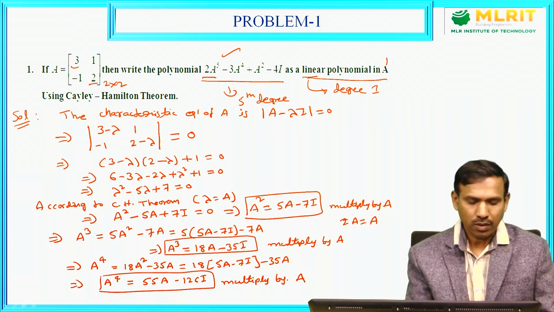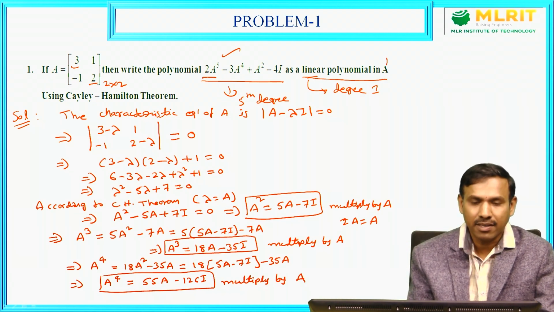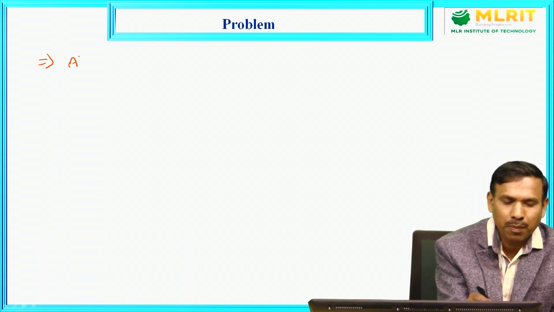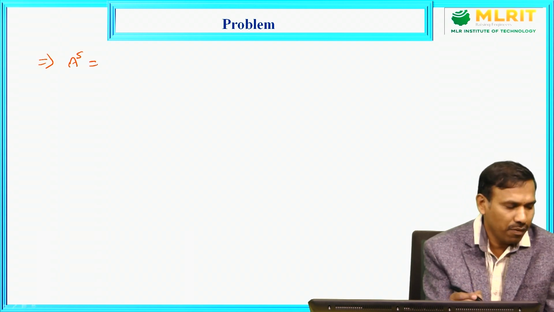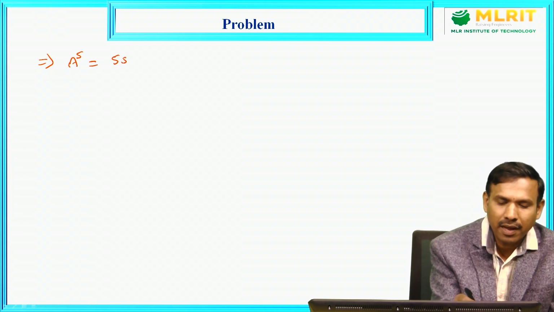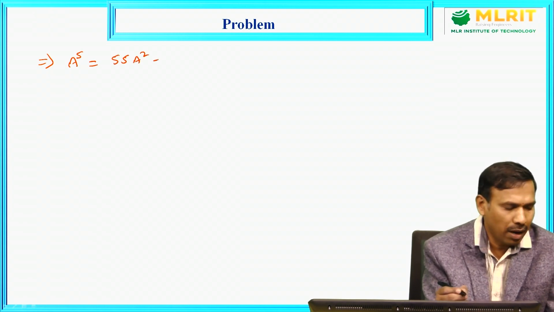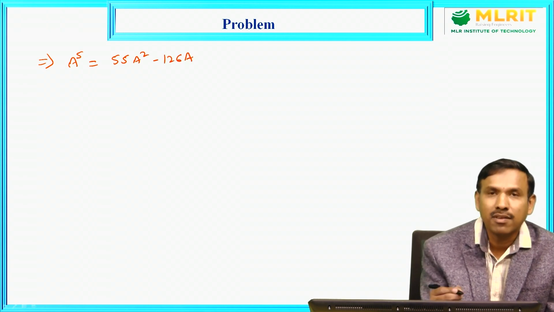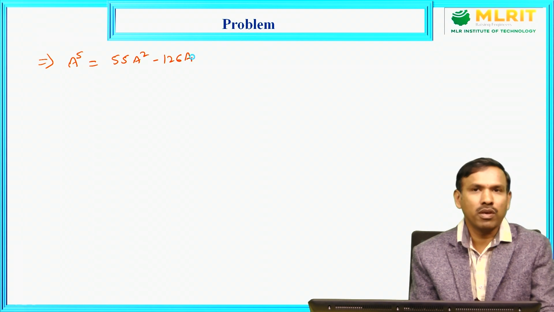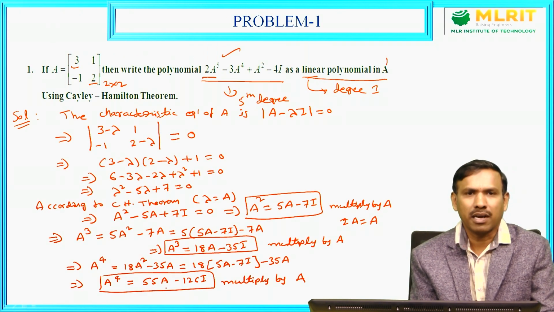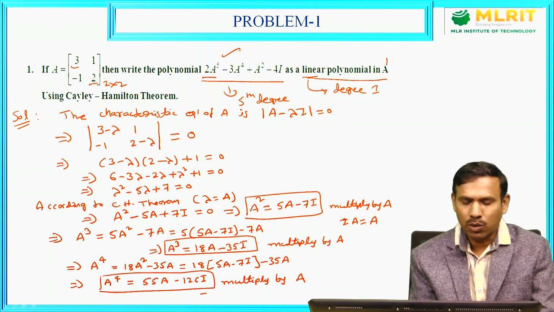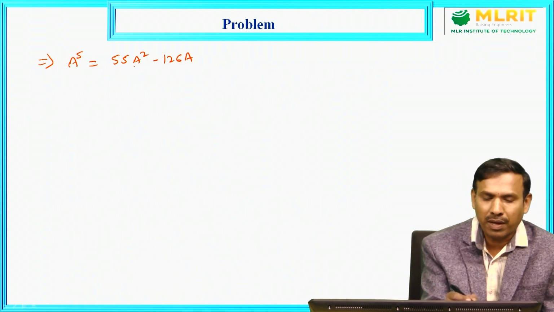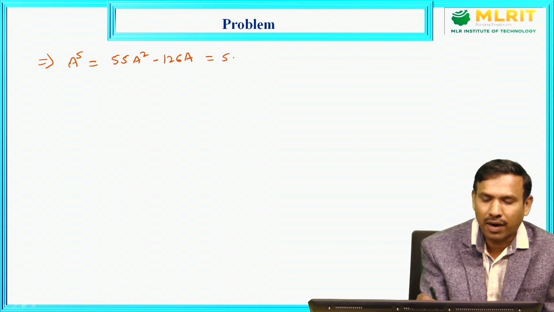Okay, right. So, that I am going to write in the next slide, that is a power 5. So, we are multiplying a power 4 with a: 55 a square, minus 126 I into a, that is 126a. But it is a second degree a square, that also should be replaced, 55 a square.